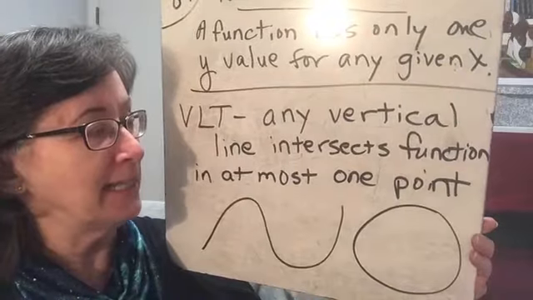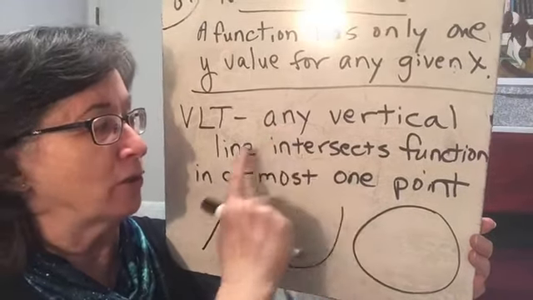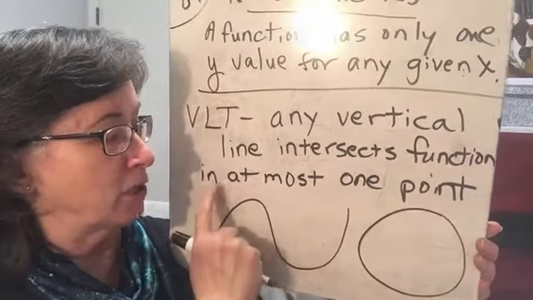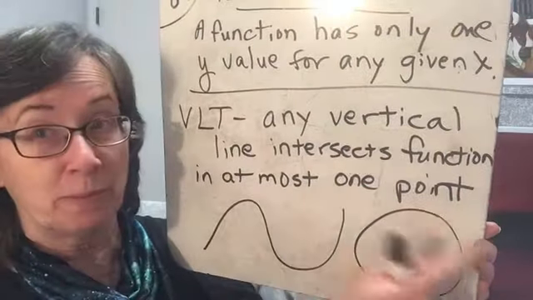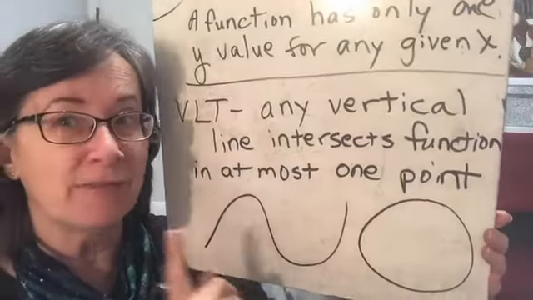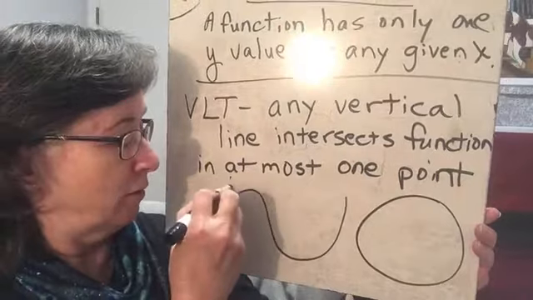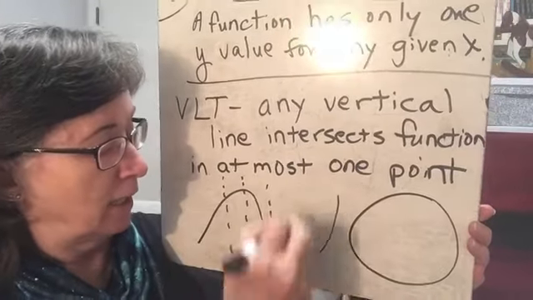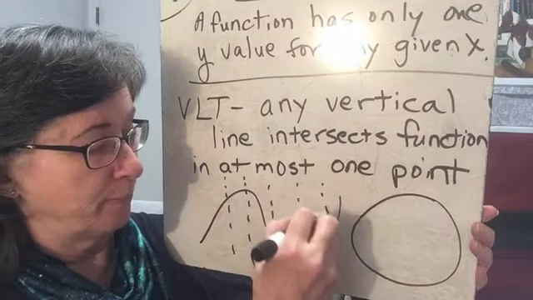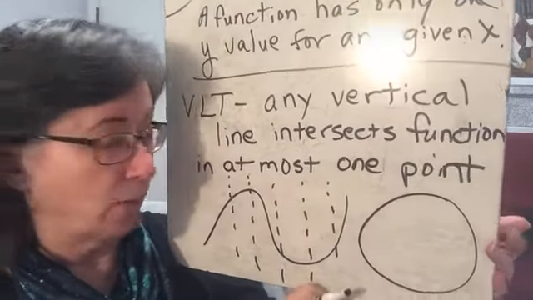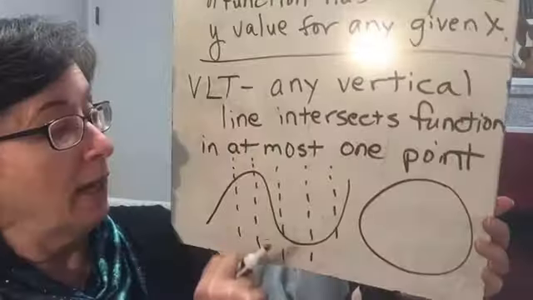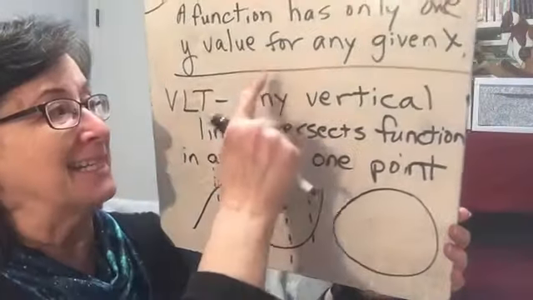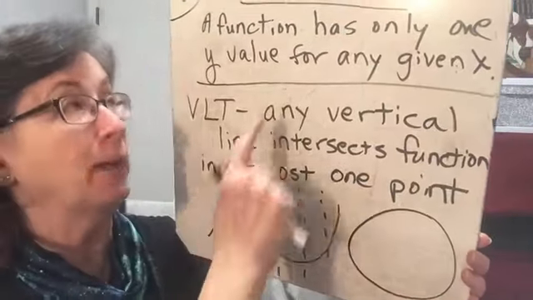A vertical line test tells us that any vertical line intersects a function at most one point. So if it is a function, then a vertical line will only cross the function one time at most per sweep.